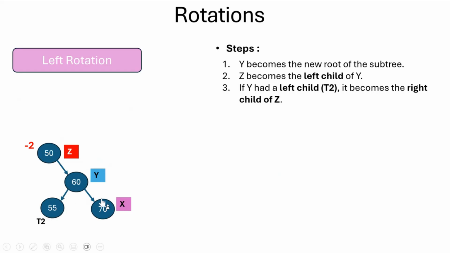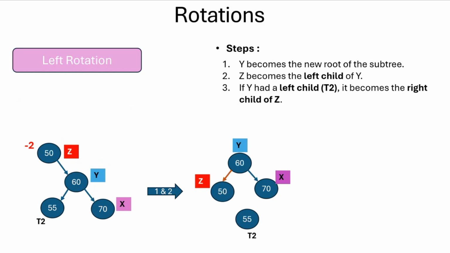1 minus 1, 0. So we know that in this case, if the balance is greater than or equal to 0, it means it is a right-right imbalance. For right-right imbalance, we do the left rotation as discussed in the previous slide. So we do the left rotation, 50 became the left child of Y, and 60 became the new root.